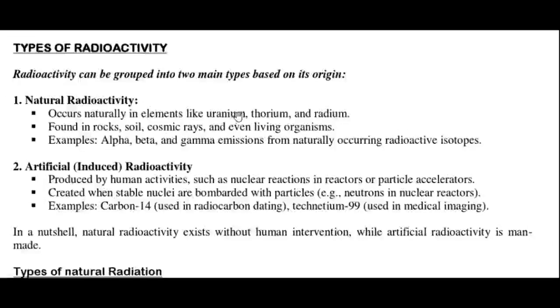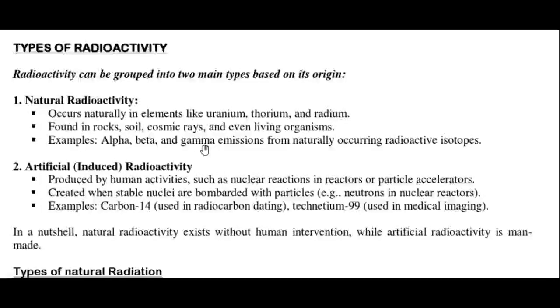So quickly, let's look at the types of radioactivity. Radioactivity can be grouped into 2 main types based on its origin. Number 1, natural radioactivity. Number 2, artificial or induced radioactivity. So what is natural radioactivity?